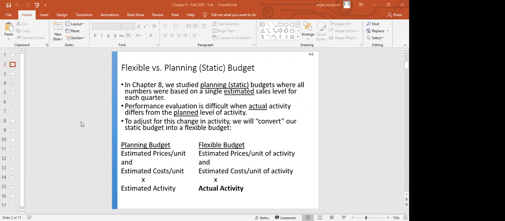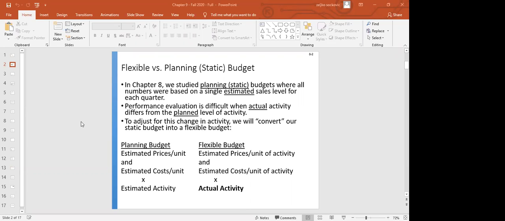So that's why I say, this class is different and should be a little bit more interesting to you. You're not accounting majors, but how do you look at things? Am I doing well or not? And it's about controls. It's about measuring your performance, but it's also about projecting things. So planning.